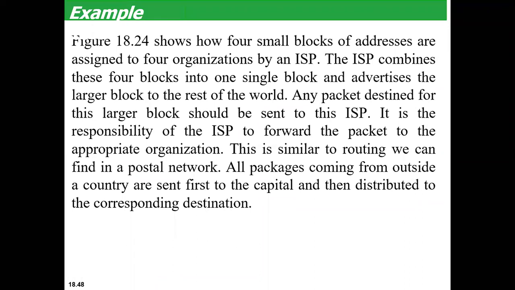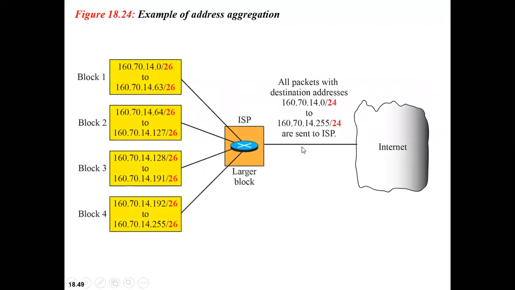Is this clear? Let me show you with an example. So this is the internet. All packets with a destination address from 0 to 255, that is 2 to the power 32, are sent to the ISP, the internet service provider.